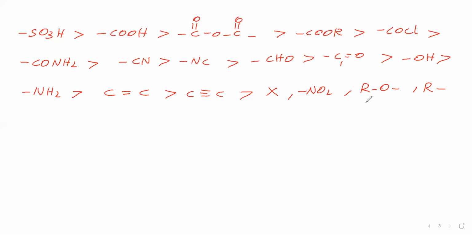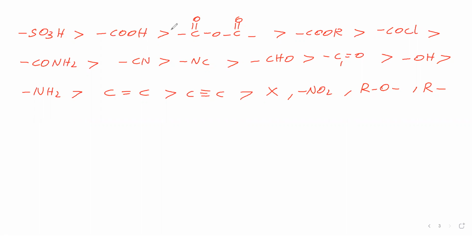Okay, so now we have said the priority order like this. The one having higher priority you treat as the main functional group, and the one having lesser priority you treat as a substituent, and that name you have to say as a prefix. Based on priority we will go for the naming.